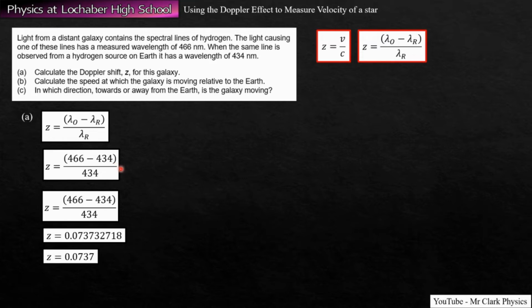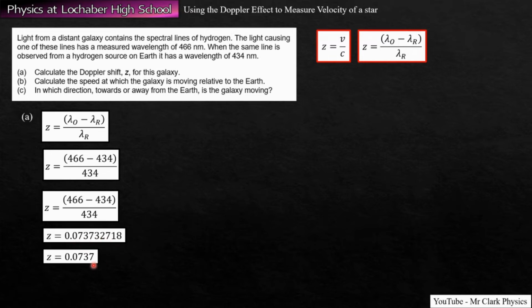If you want to put those in, it's perfectly fine. It will cancel out anyway. And if you do this sum on your calculator, you'll end up with this value here, 0.07. How to interpret that? Well, you're going 0.07 of the speed of light. That's kind of the idea.